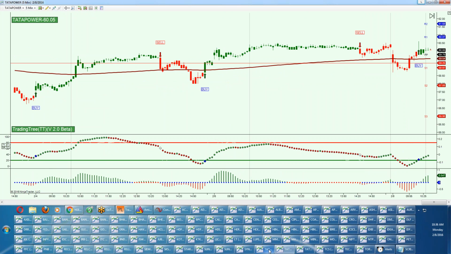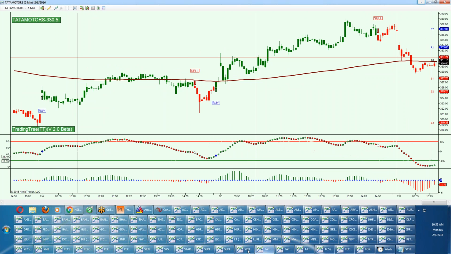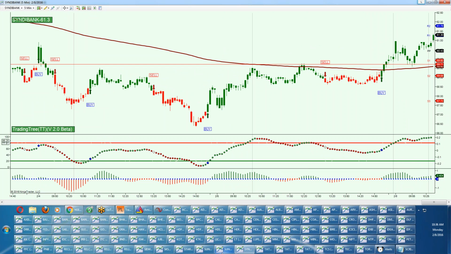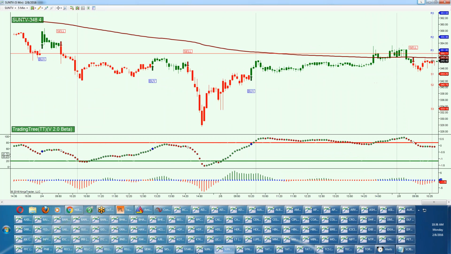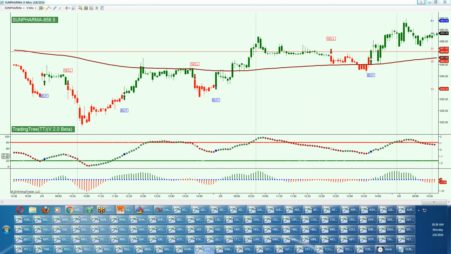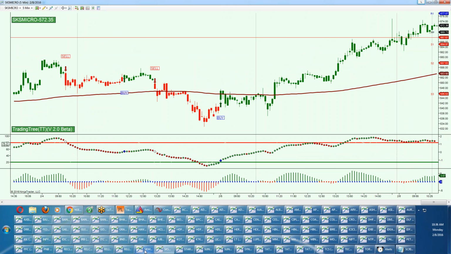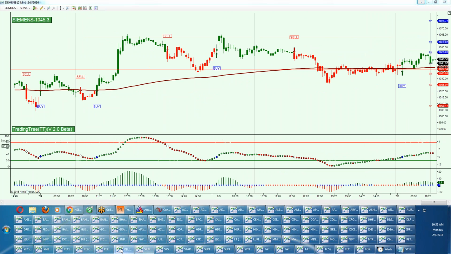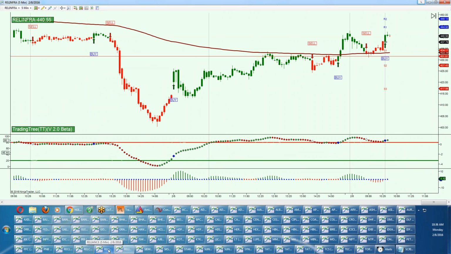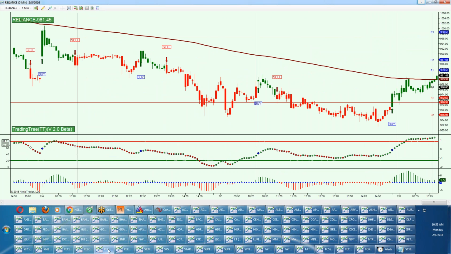Tata Power, the buy has not triggered. Syndicate Bank, the next target will be 6170. Sun TV, Sun Pharma, Star, Siemens, Reliance. The next target is 983.50.